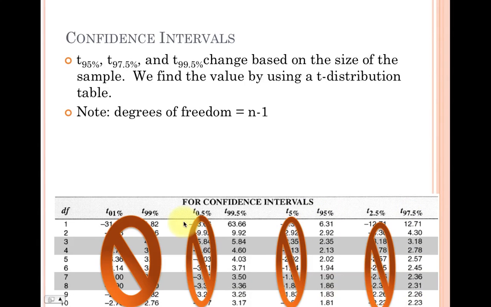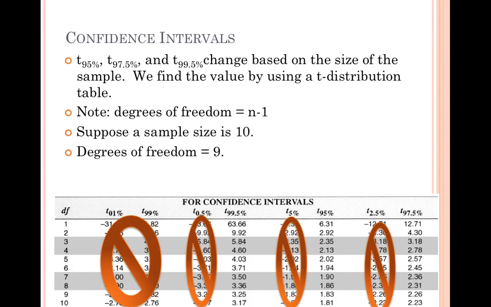The degrees of freedom, symbolized by df on the table, is found by taking the sample size minus 1. So if your sample size is 10, degrees of freedom is 9, and then you would go to the row labeled 9. If your sample size was 8, degrees of freedom would be 7, so you go to the row labeled 7.